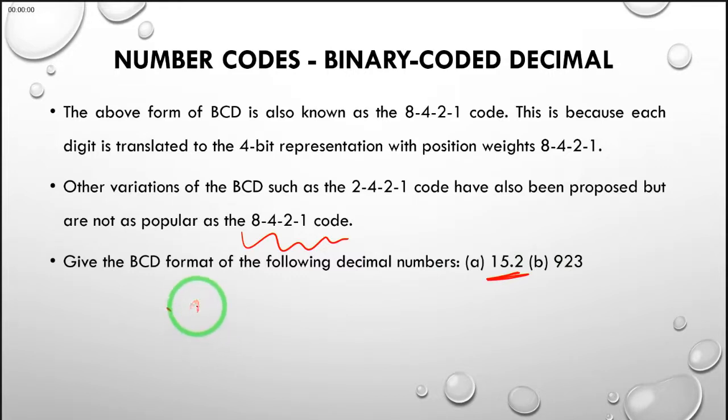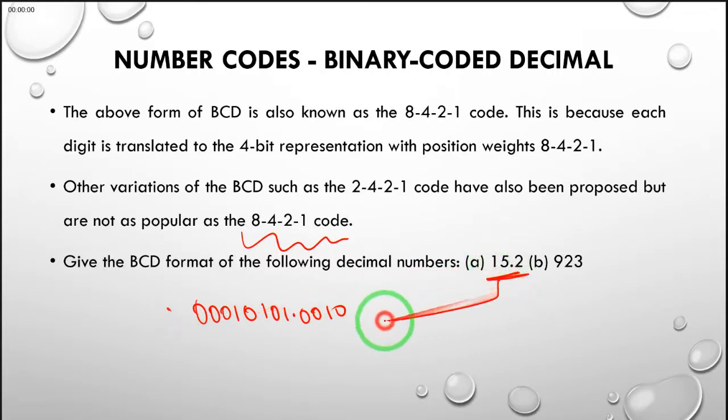So 1 is represented by 0001, 5 is represented by 0101, and 2 is represented by 0010, and that forms our BCD code that is equivalent to 15.2 in decimal.